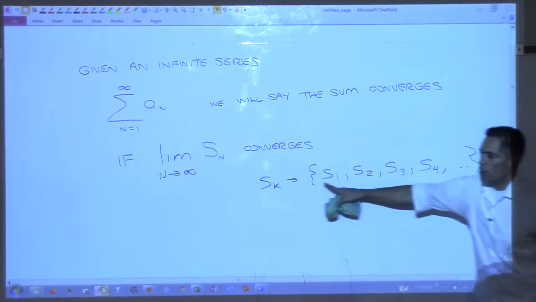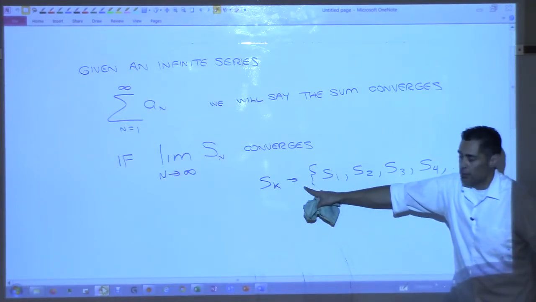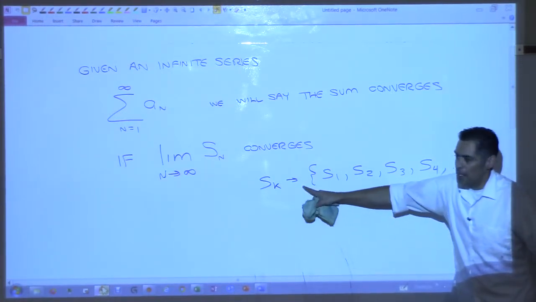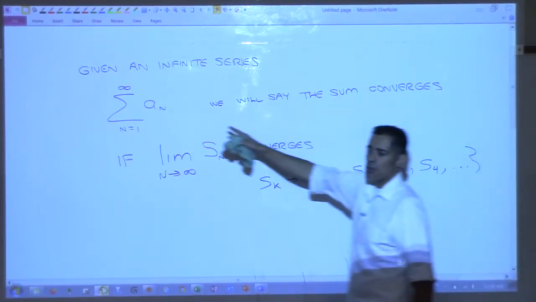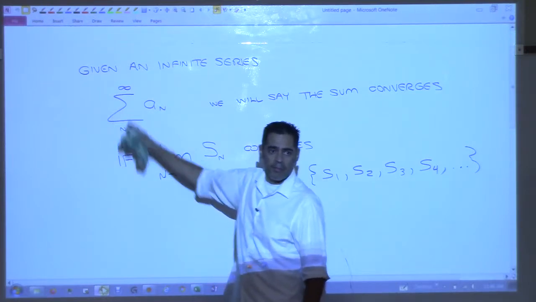That means we're going to look at this right here, and we're going to see, does this sequence converge? If this sequence converges, whatever it converges to is the value of that infinite series.